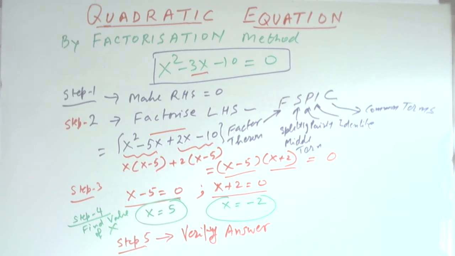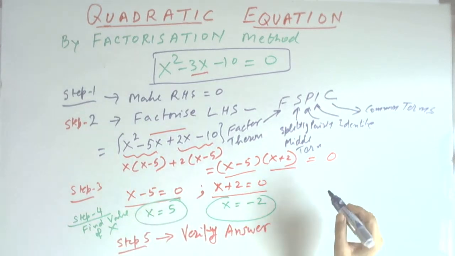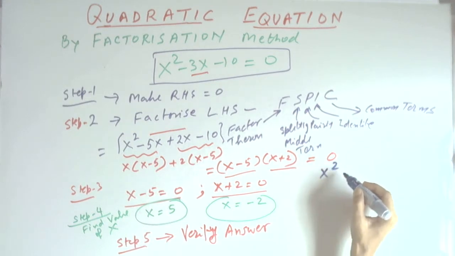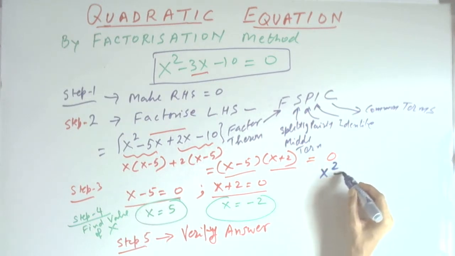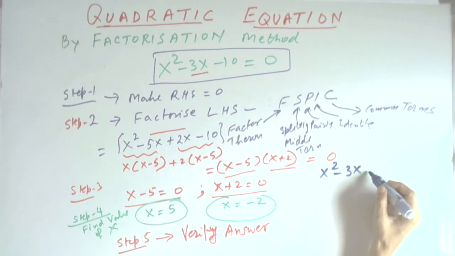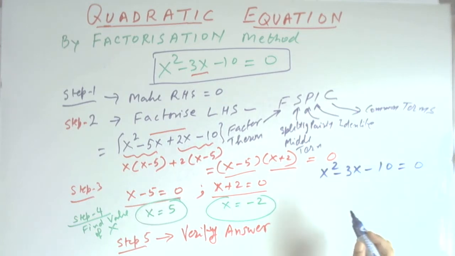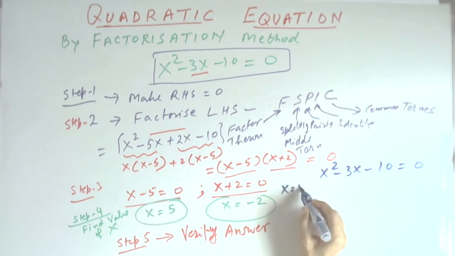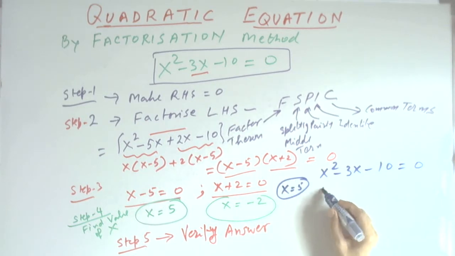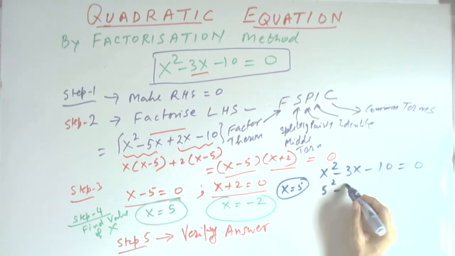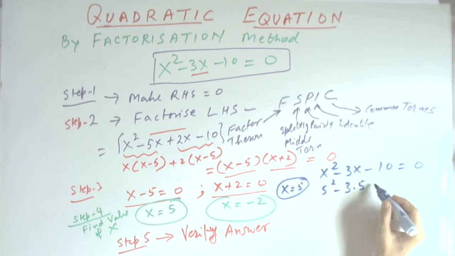Substitute this value of x is equal to 5 into the equation. So we have this equation x square minus 3x minus 10 equal to 0. X equal to 5. So this will become 5 square minus 3 into 5 minus 10.